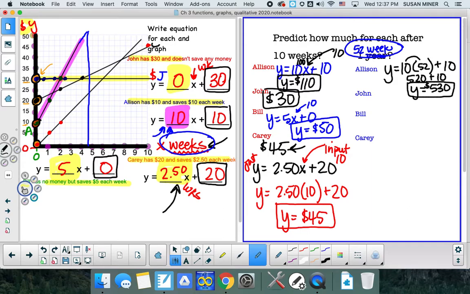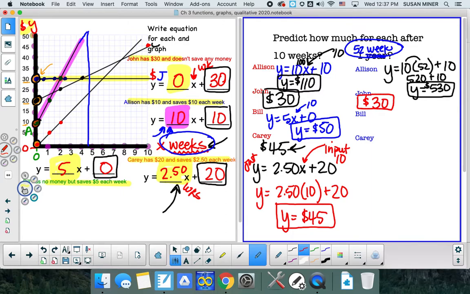And see how easy it is to make those predictions now that we have a good function that represents our savings. We can be pretty accurate with exactly how much each person is going to save, right? John, of course, he's not saving any money. So we can decide already he's only going to have his $30 in the bank.